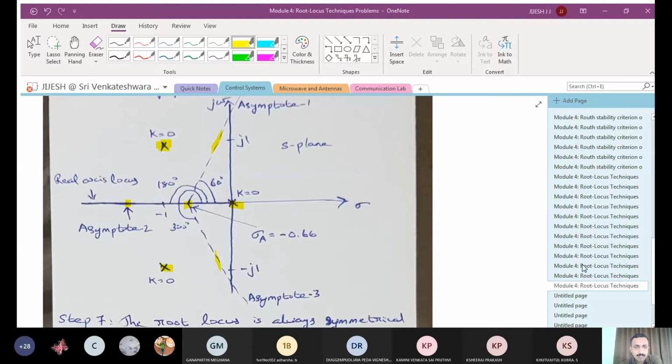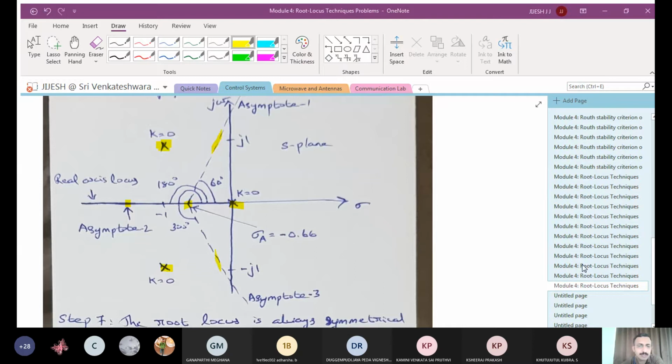When you take dk by ds equal to 0, you are going to get 3s square plus 4s plus 2 is equal to 0.